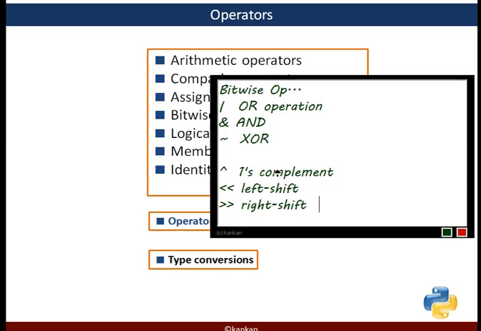In a similar way, the left hand side operand bits are moved right by the number specified on the right hand side. So this is about bitwise operators.